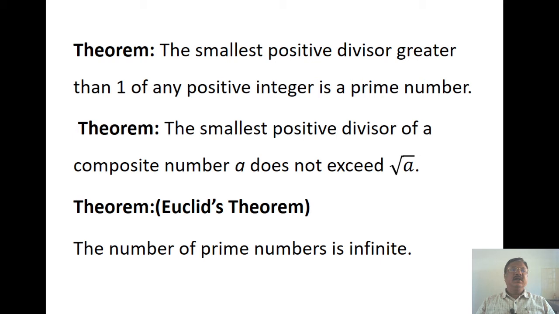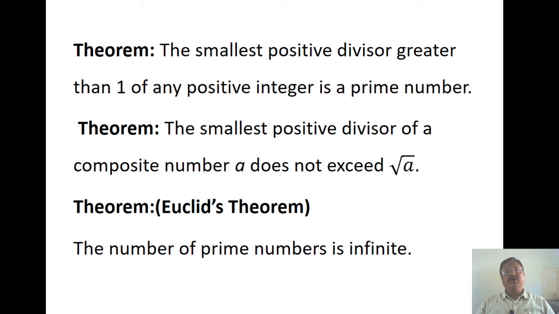Now, the theorem again: the smallest positive divisor greater than 1 of any positive integer is a prime number.